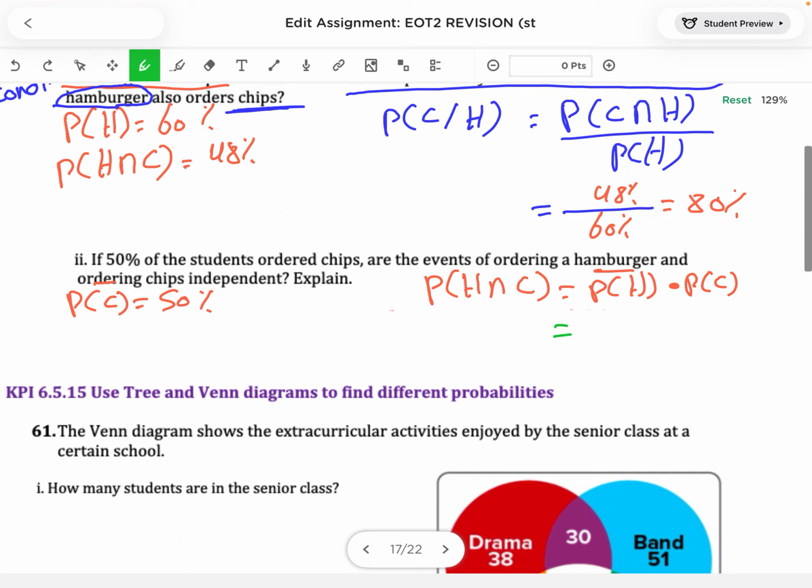Hamburger and chips together is 48%. Hamburger alone 60% times chips alone 50%. Let us check. 50% of 60% is 30%. For sure, they are not equal to each other, 48 and 30. So the events are dependent events. Okay?